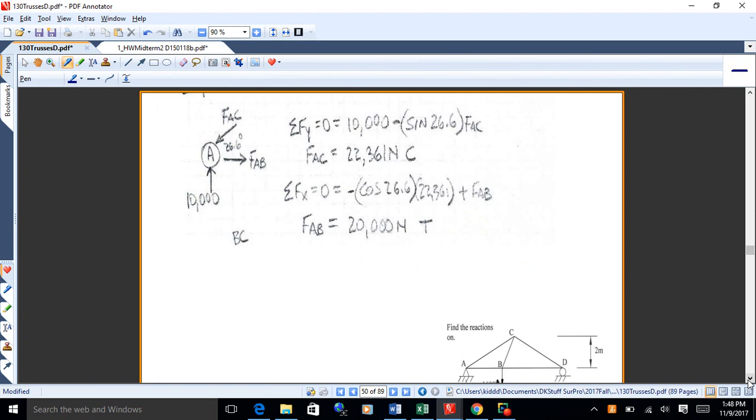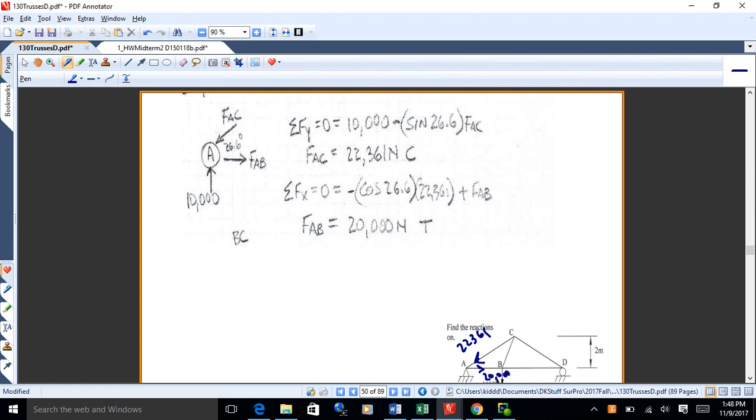So just sum of Fy equals 0 and then sum of Fx equals 0. We're doing all right with that? Okay. Now I like pictures, okay? So that's pushing, that's pulling. So that's 22,361, and this is 20,000 here.